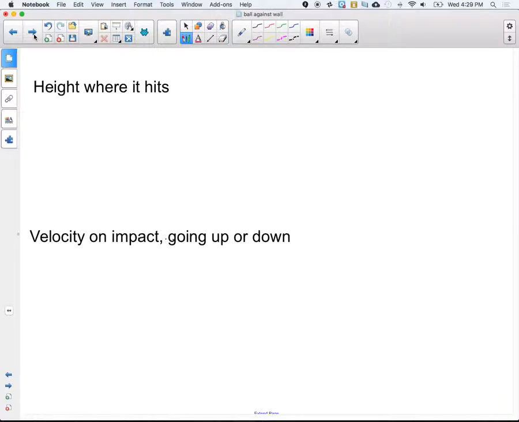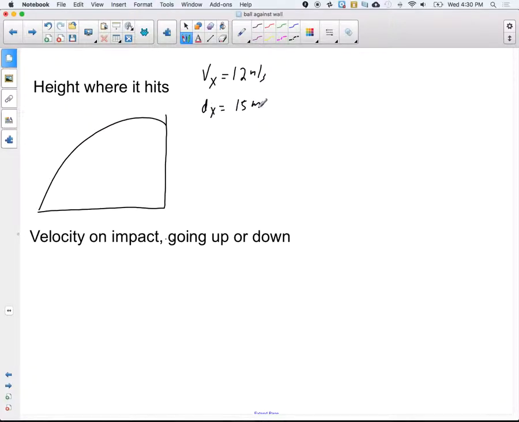So the question then becomes, how high is it when it hits? What we figured out so far is that it's going to make some path like this. We don't know whether it's going to be going up or going down, but we can start thinking about that by recalling that the velocity in the x direction is 12 meters per second, and the distance in the x direction is 15 meters.